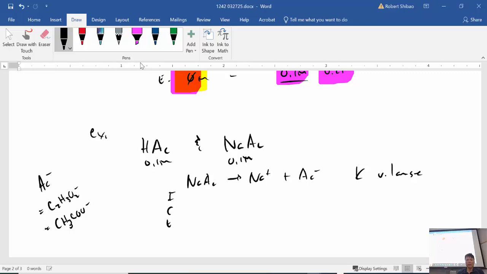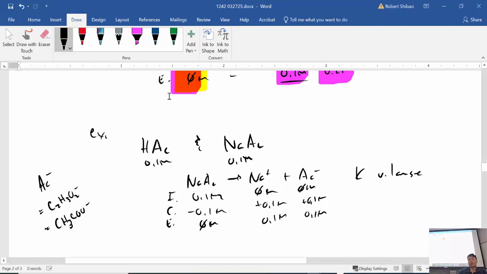So, you know, your book skips the ice table for this, which is fine. But I'm just going to go ahead and write the ice table. You probably can do it in your head. Or if not, it doesn't take much time to figure it out. So I'm going to end up with 0.1 molar sodium ions and 0.1 molar acetate.